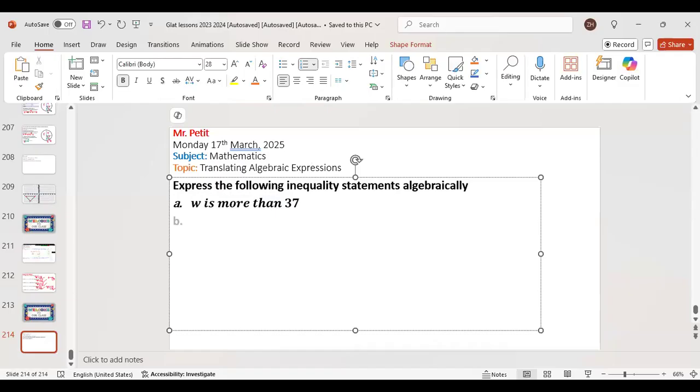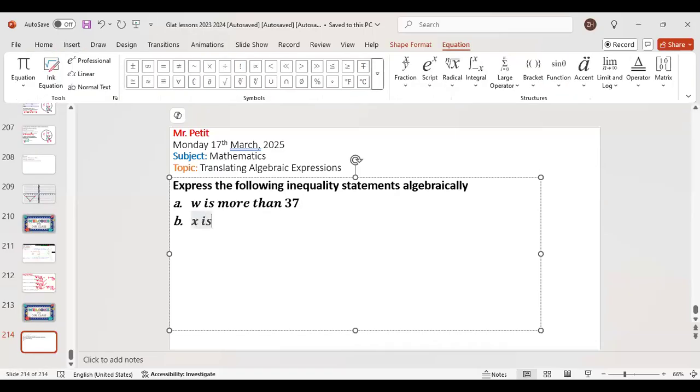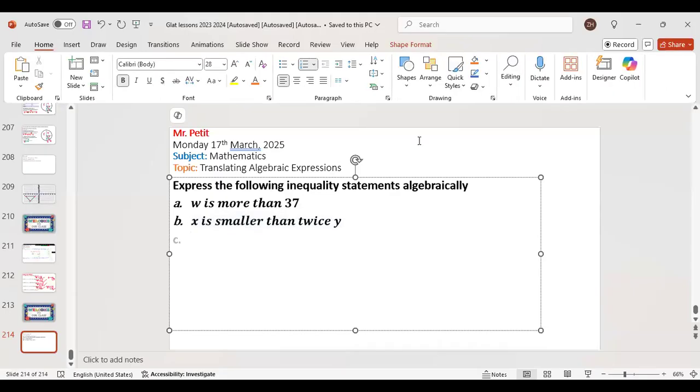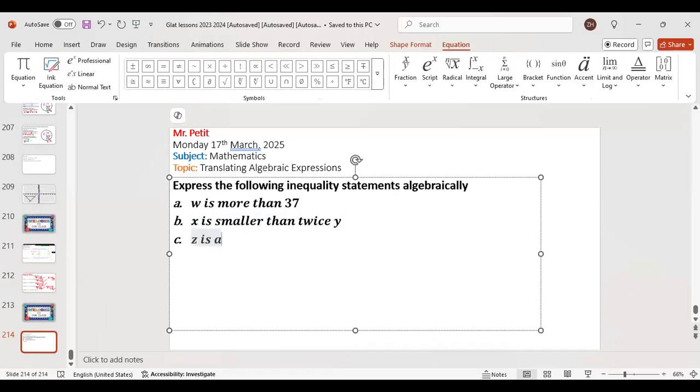B says X is smaller than twice Y. Finally, C, Z is at least 23.